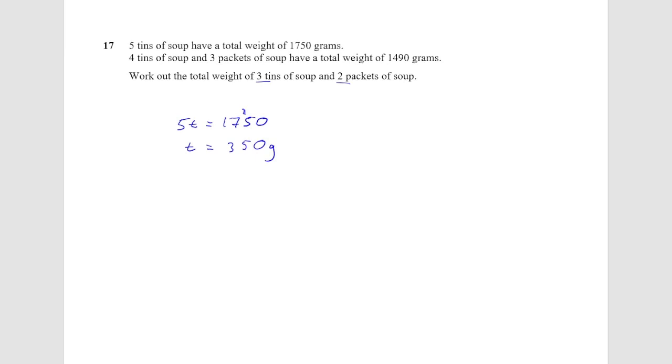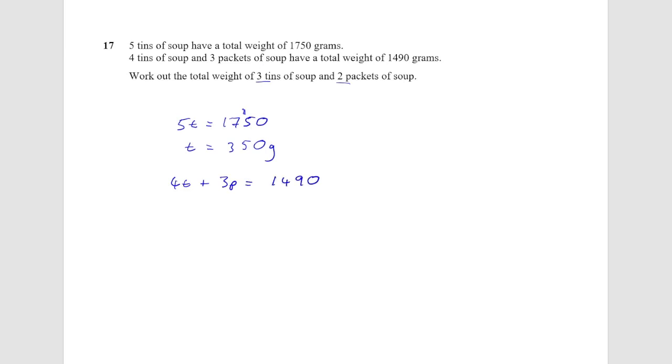So we're going to use that to find out the weight of a packet of soup. Just double reading it. Okay, so that's 4 tins plus 3 packets is equal to 1,490 grams.